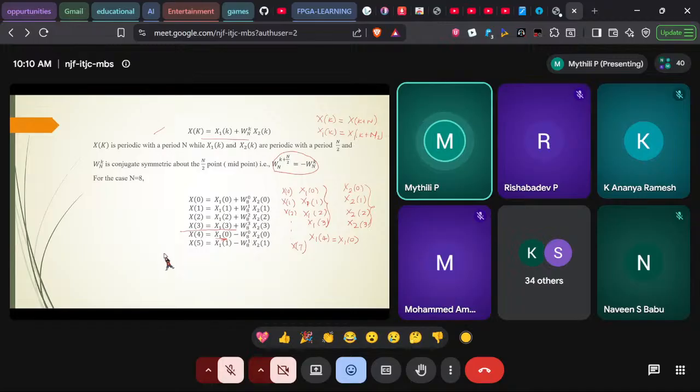It is actually periodic with the period 4. x2 of 0 is the same as x2 of 4. So the lower half will be subtraction. This way, with whatever 4 values you have got for x1 of k and x2 of k, we can combine them and get all 8 values of X of k.